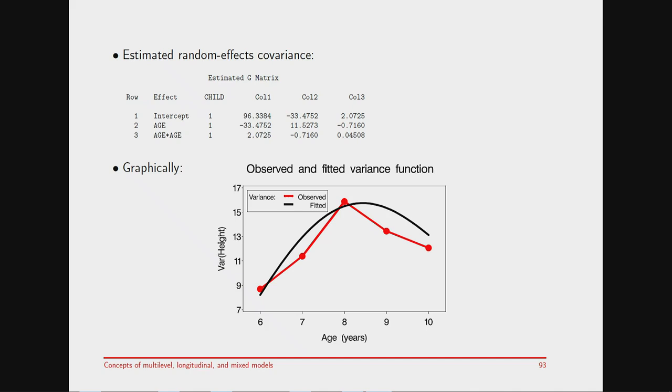So that's the general strategy. These fixed effects, you use them for the average trends in your population, and to describe these average trends. The random effects, you only need them to get this whole association structure and variance structure correct, so the whole covariance model correct.